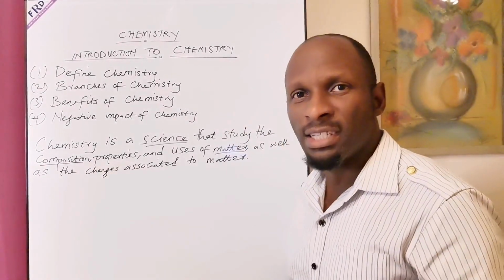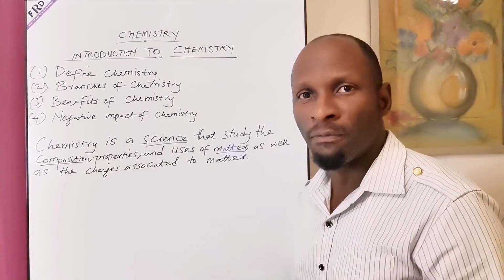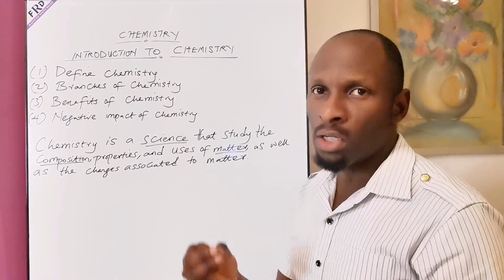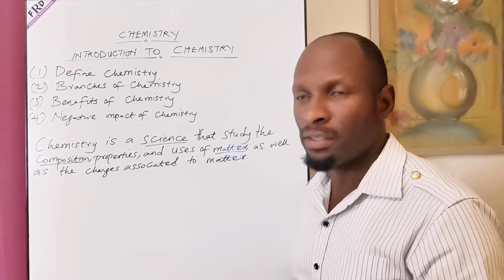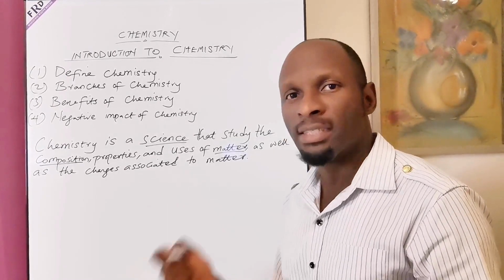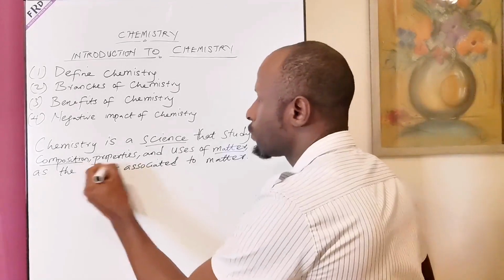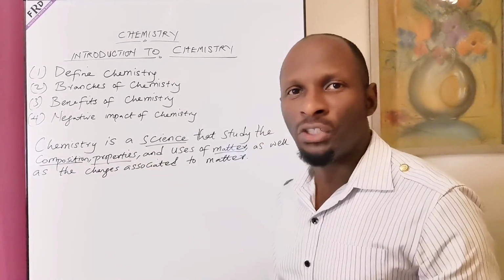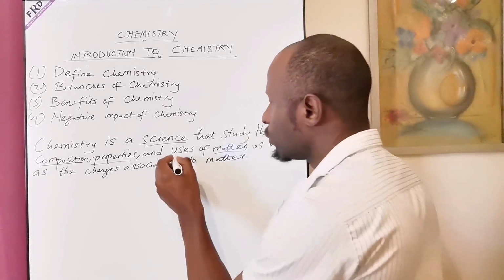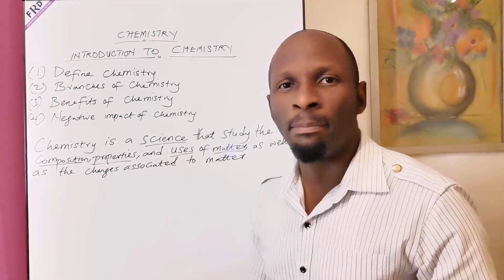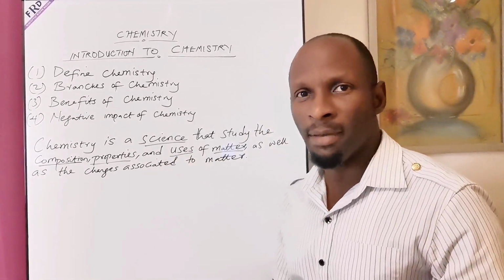That is, what is that matter made up of? What and what, or what number of things came together to form that matter? Properties. What are the features? What are the attributes of that matter? Uses. What are the application of that matter?